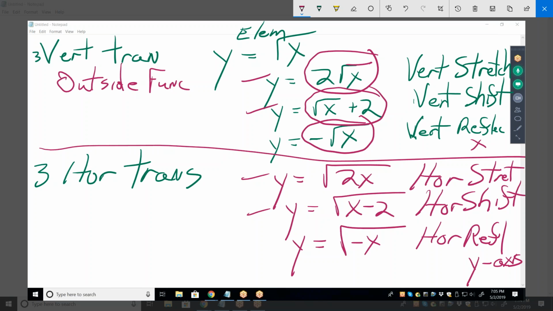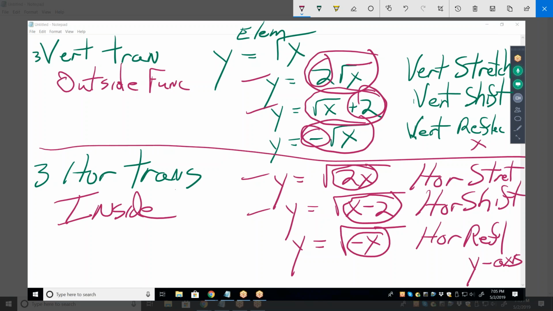Now, notice why these are easy to remember. Because you only have 3 vertical possibilities, and they're all outside the function. That's outside the root x, that's outside the root x, that's outside the root x. All your horizontal transformations are inside the function. That's inside the function, that's inside the function, that's inside the function.